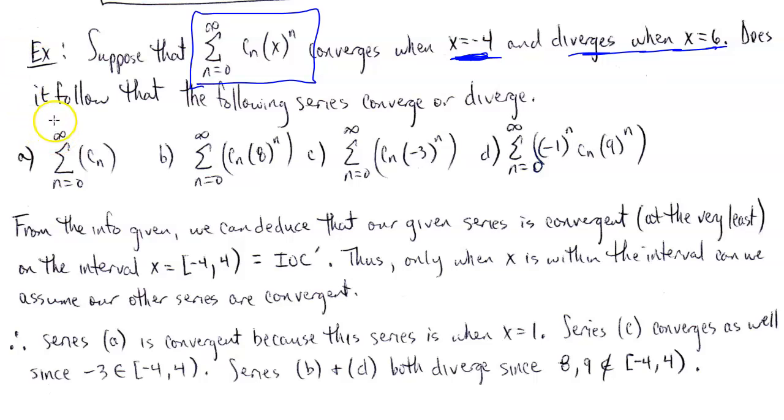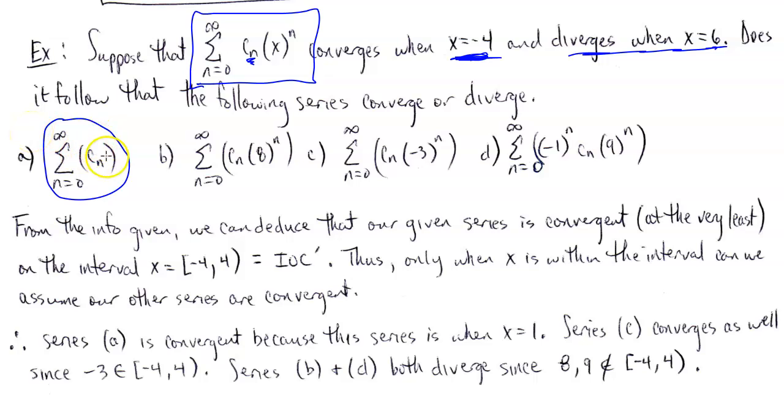So first we want to look at this series here, which is just the series of coefficients. And again, we don't know much about what these coefficients are, okay? We know nothing at all.